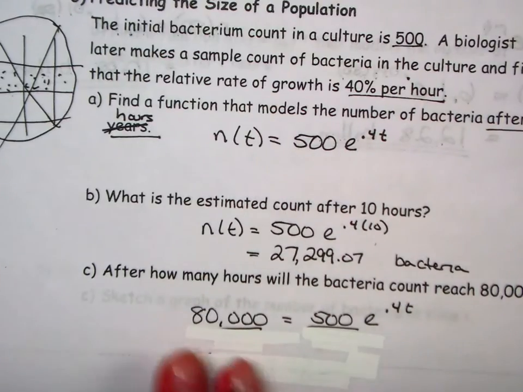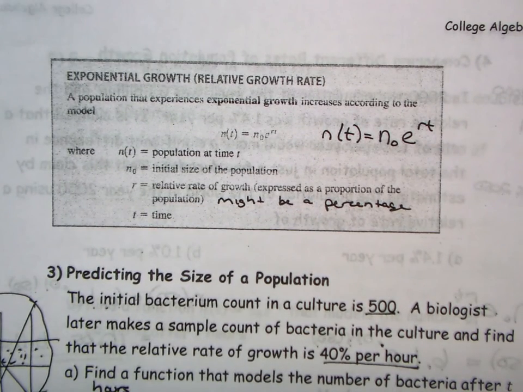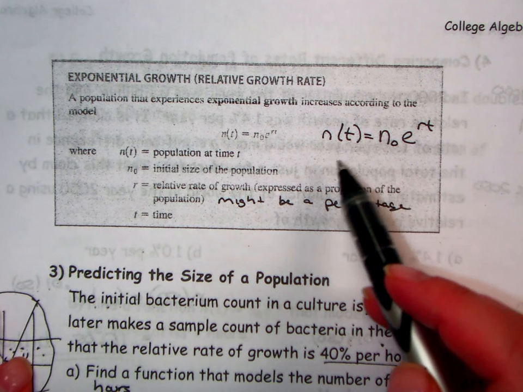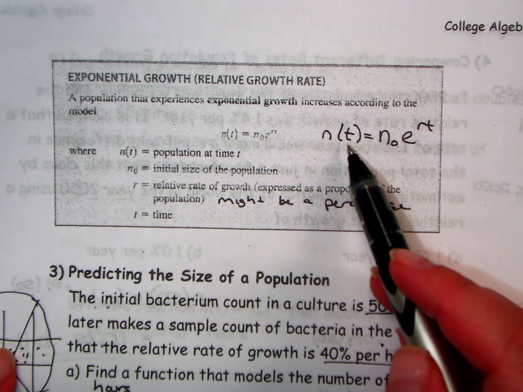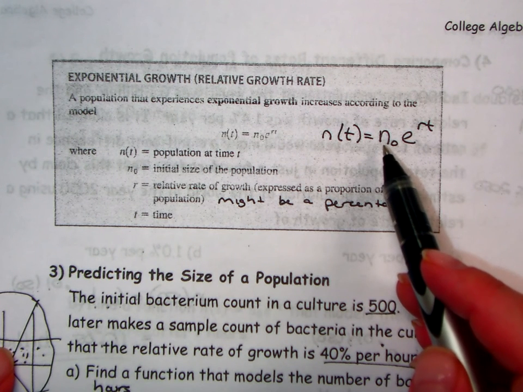All right, so next we're going to go over just a generic exponential growth equation, not necessarily doubling, okay? So we have somewhat of the same setup. We have a population after t time has elapsed. We have an initial population of n sub 0.